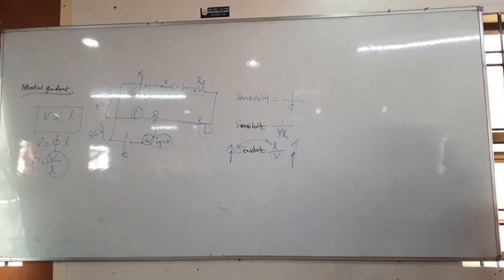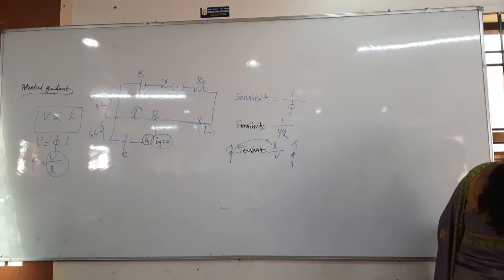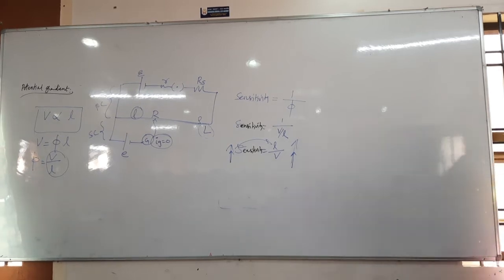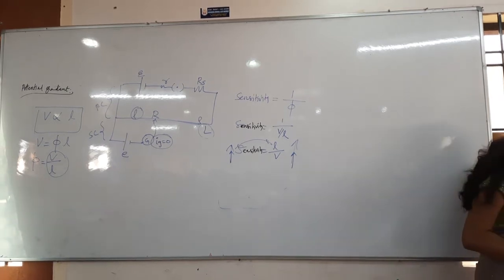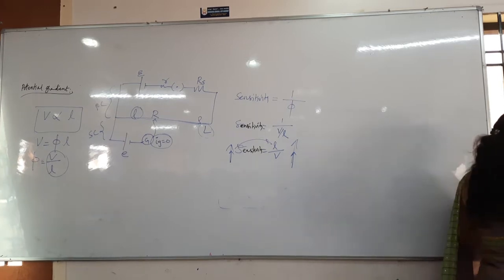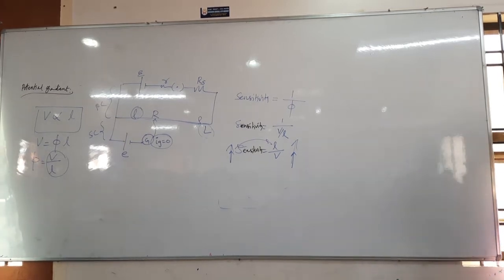Next one is principle of potentiometer. The potential across any wire is directly proportional to balancing length of the wire.